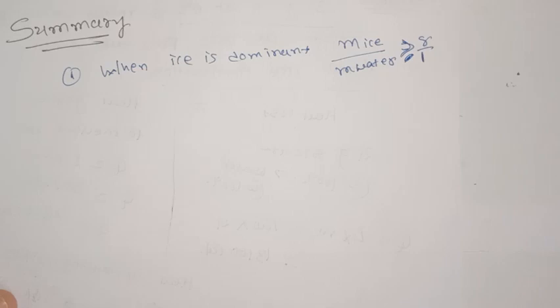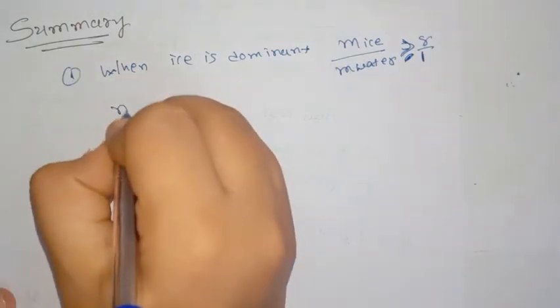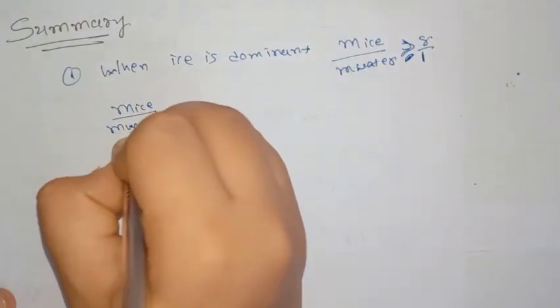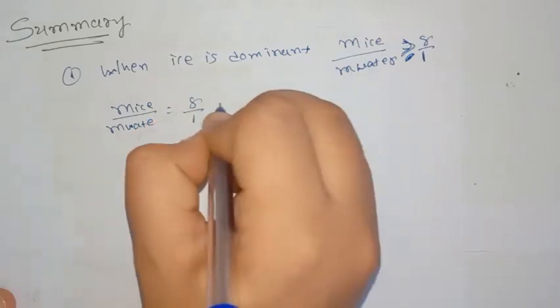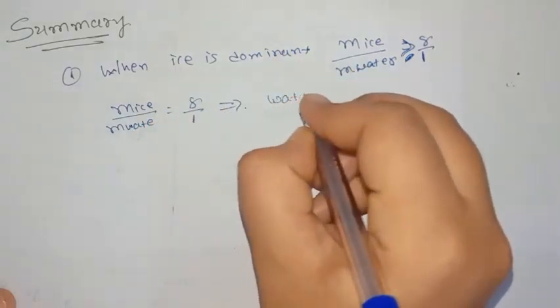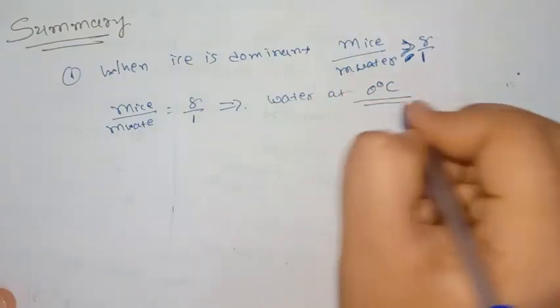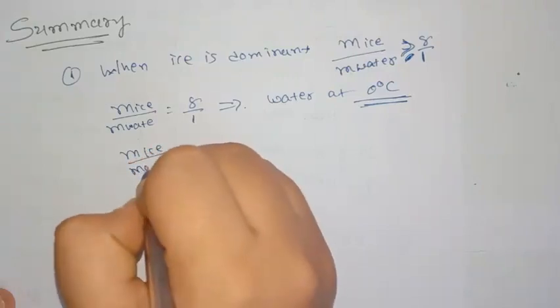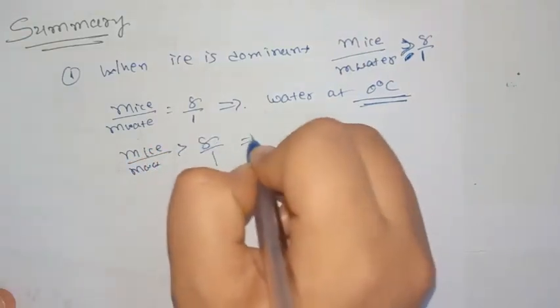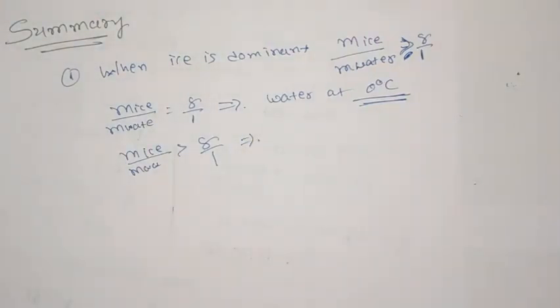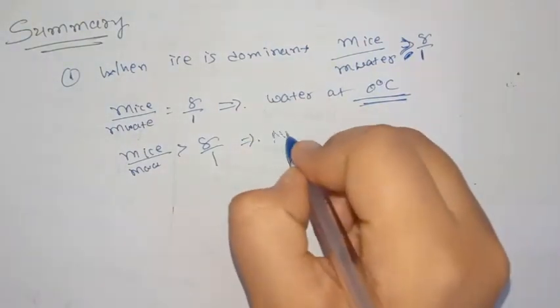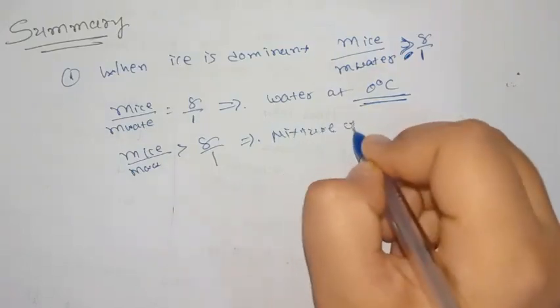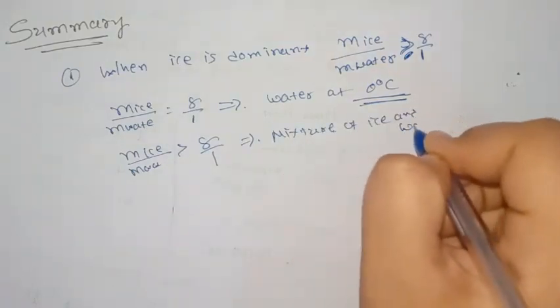Excess of 8:1 ratio ice will be left and will have ice water mixture. So if mass of ice upon mass of water is equal to 8:1, then we will have water at 0 degrees Celsius. So equilibrium temperature will be 0 degrees Celsius. If mass of ice upon mass of water is greater than 8:1, then we will have the mixture of ice and water.